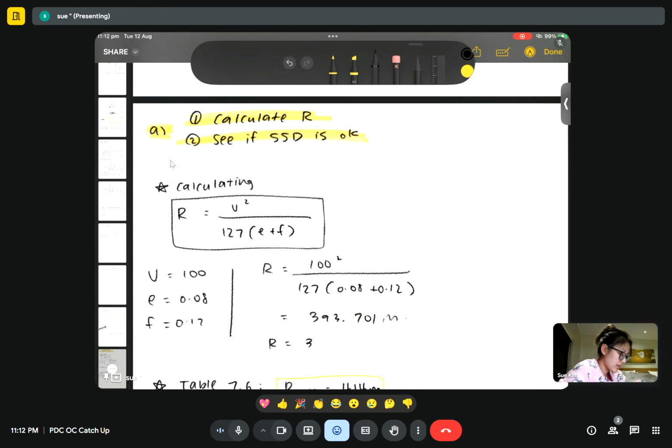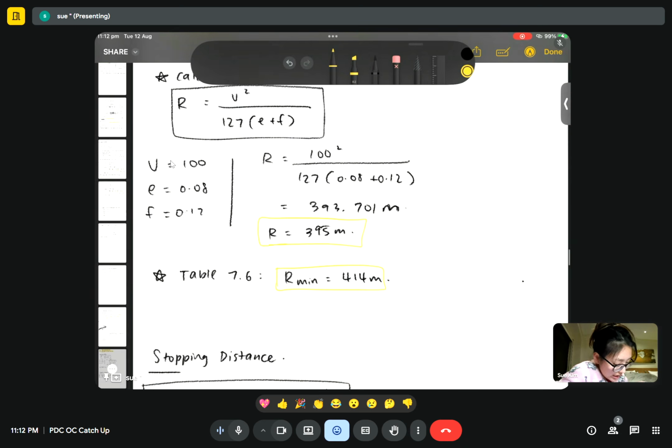Because in transport you just need to find an answer that works, it doesn't have to be exact, so I'm going to round up to 395 meters, and that's my guess as to how big the radius should be.